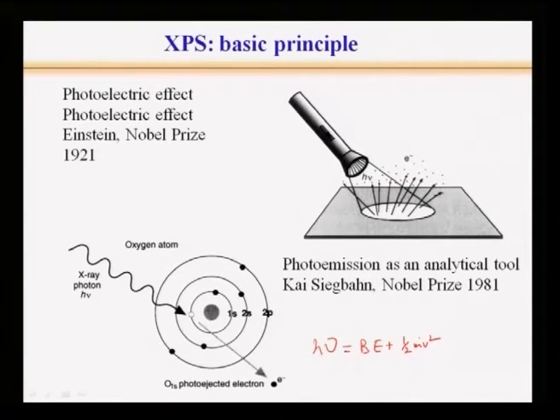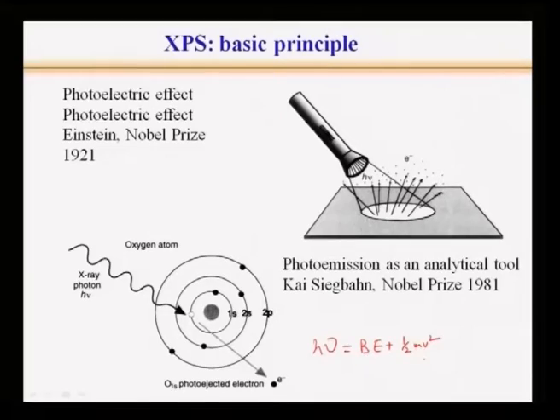So now if I know the kinetic energy, obviously I know h nu because I know the wavelength of the X-ray radiation. So I can calculate the binding energy, and as you know, the binding energy of an electron in any atom is very fixed. It will vary from one element to another. If you take nitrogen, the binding energy of the 1s electron will be different from oxygen.